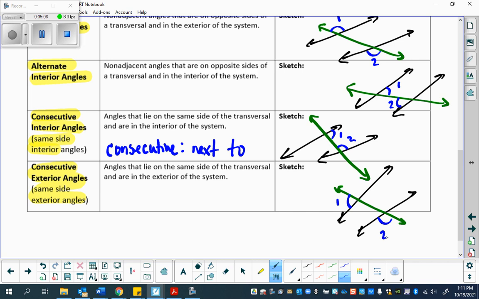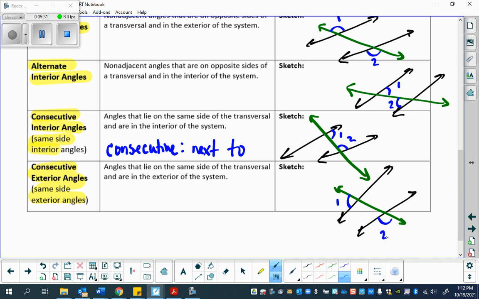All right, what are these sides? Hurry. Alternate exterior? No. Corresponding. What are these guys? Alternate interior angles.